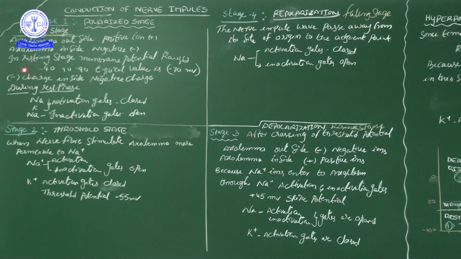Inside there is negative charge, meaning inside there are a lot of negative charges. Why? Because outside there are more sodium ions. For example, outside the axolemma 30 sodium ions are there.